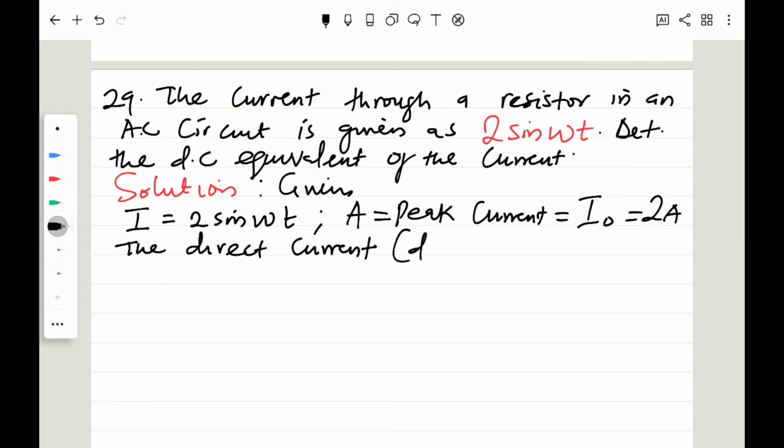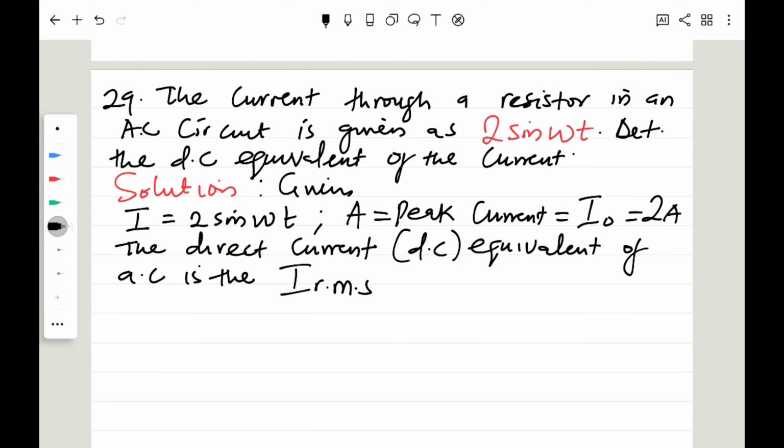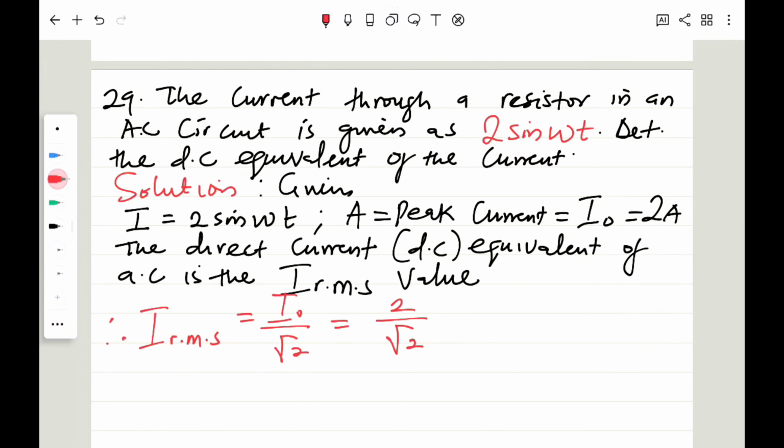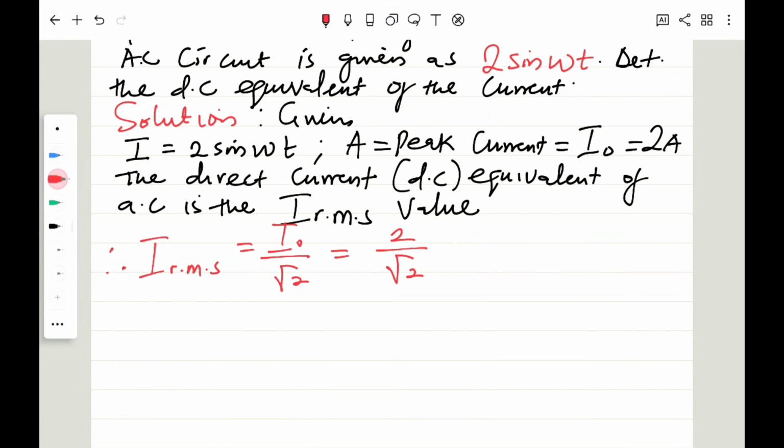So the direct current, which is the DC equivalent, anytime you are solving any problem under this AC topic, is the same thing as the I root mean squared value. Are you here? So I root mean square value is equal to I naught over root 2. So that you have 2 over root 2. And your law, based on short form, you rationalize.